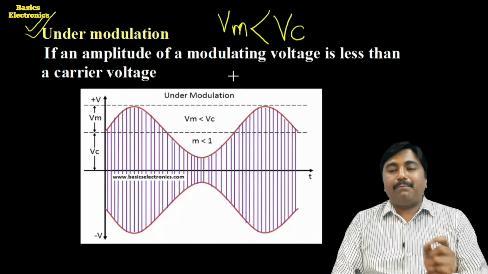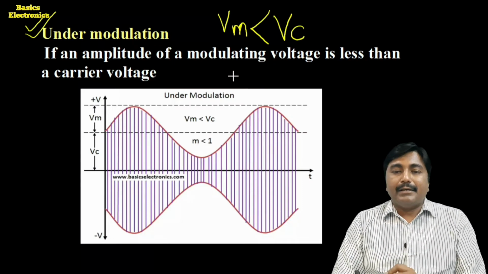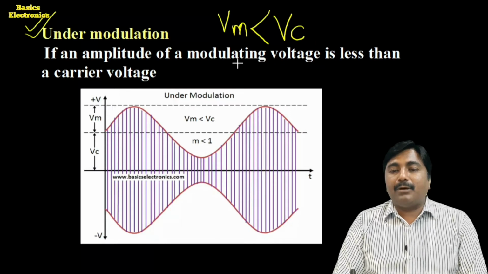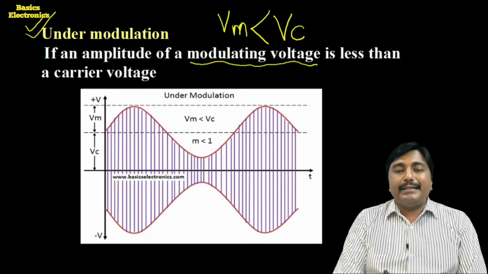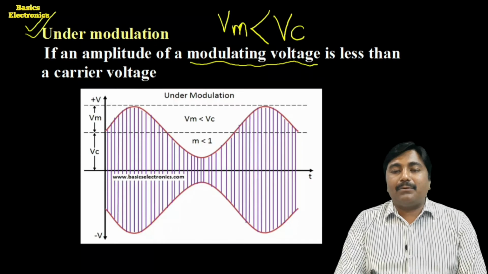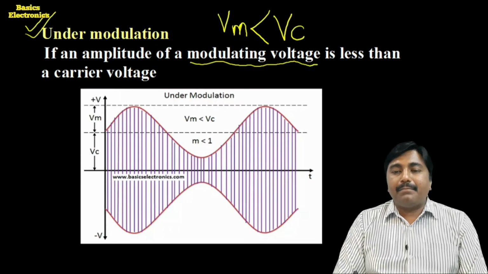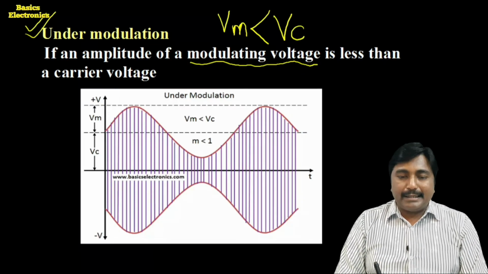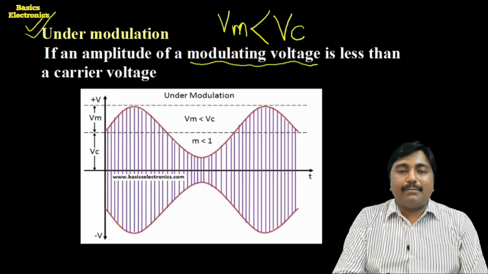When the peak value of the modulating signal voltage is less than the carrier signal voltage, where m is less than 1, then we call it under modulation.